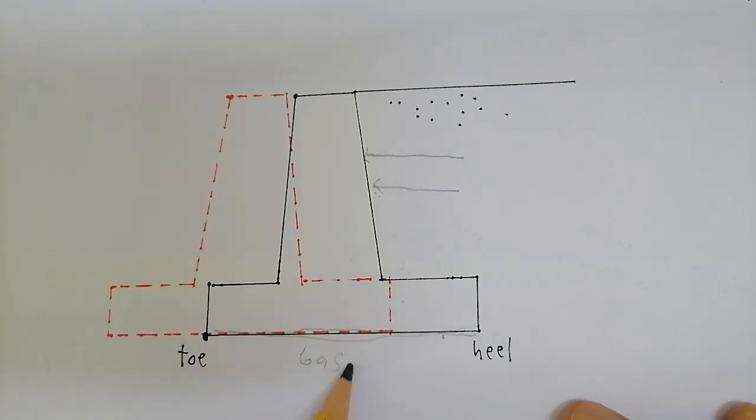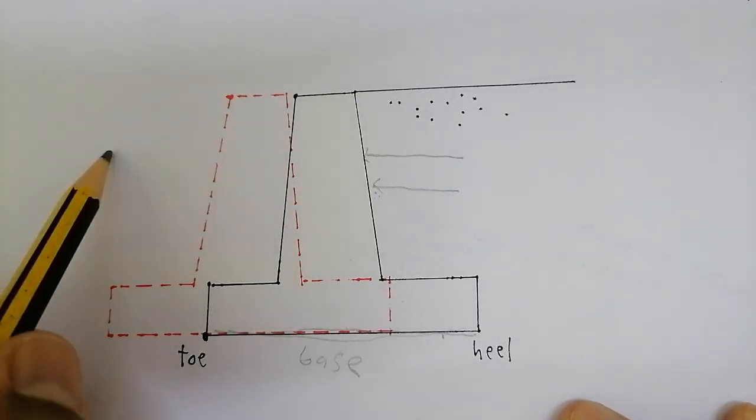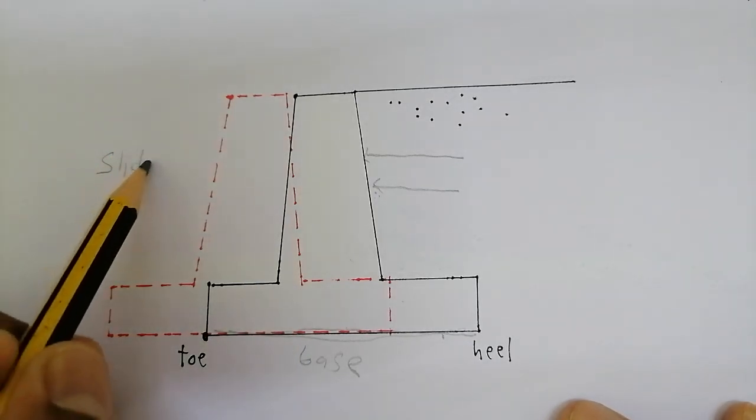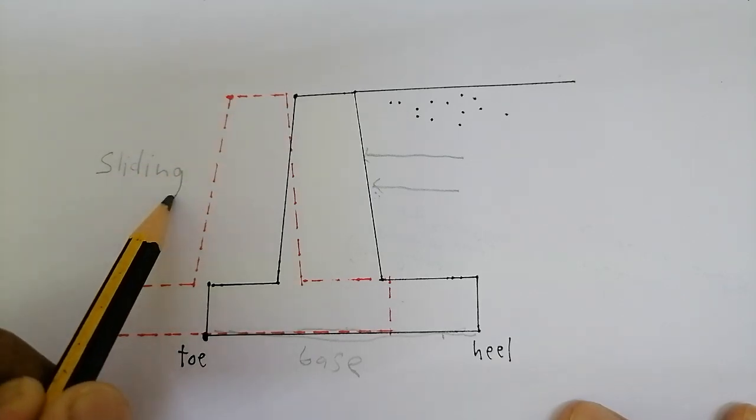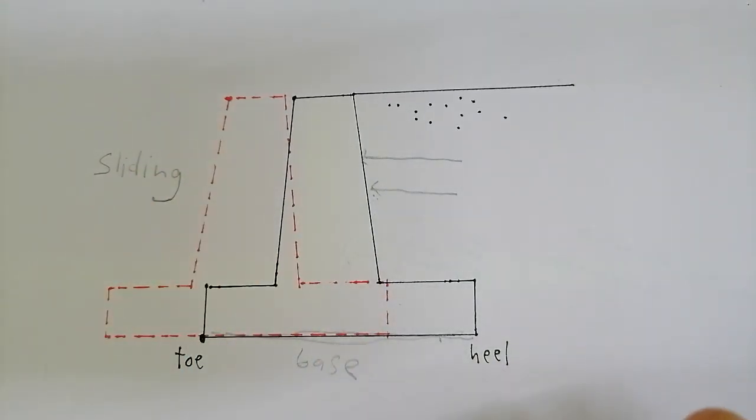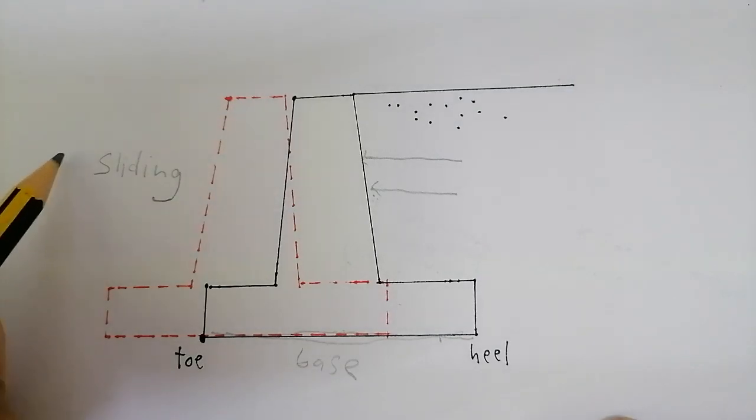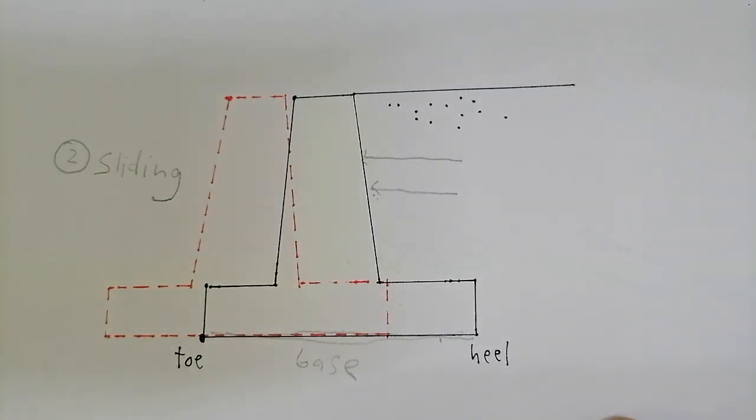So this is the base. And the red retaining wall is the possible position of your retaining wall after sliding. We don't want this to happen either. So this is the second thing that we will calculate today.